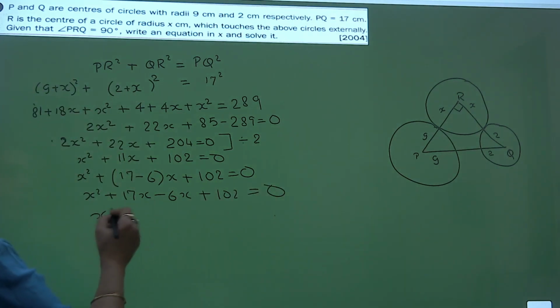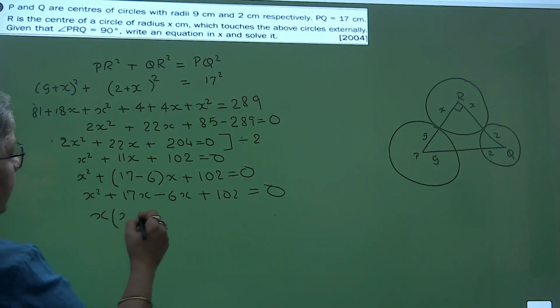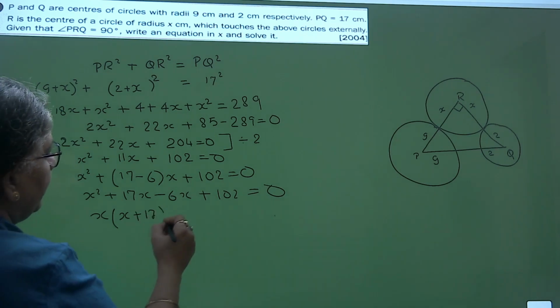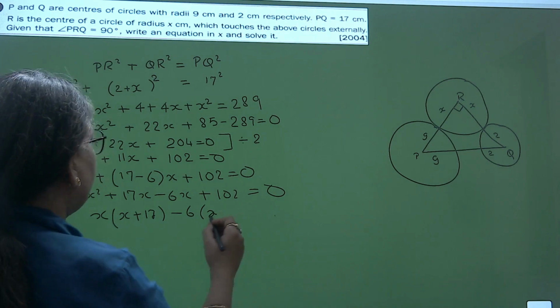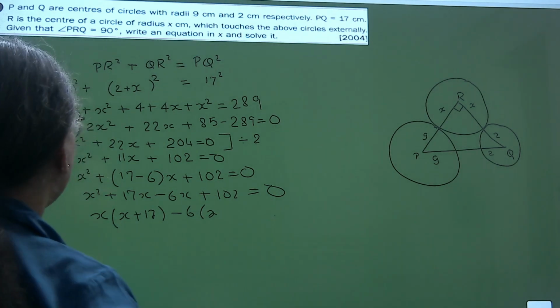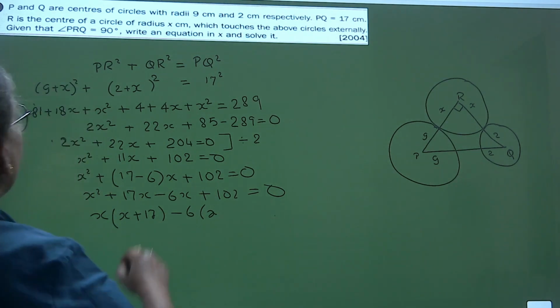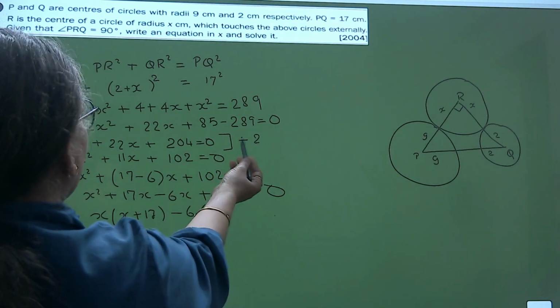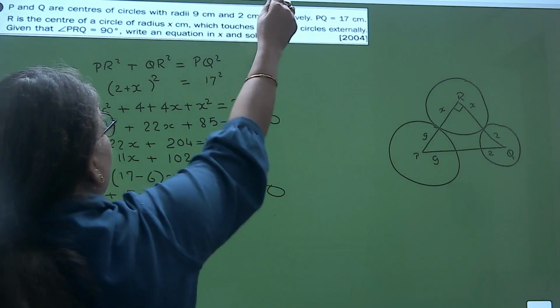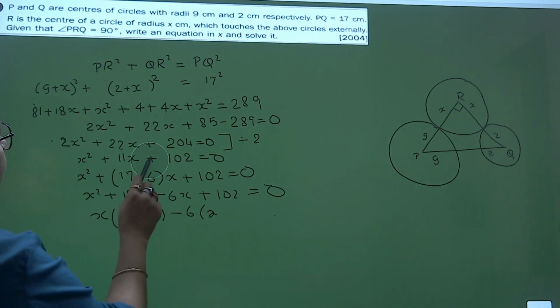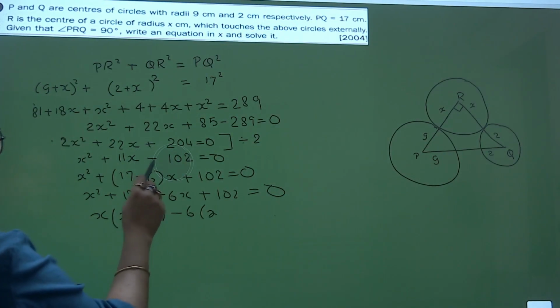Or taking out common, we get x plus 17, and here take out 6. Okay, here there is a mistake. Here it should be minus 102.